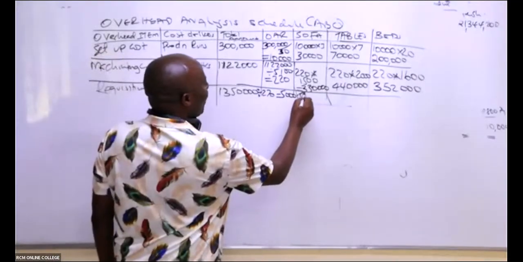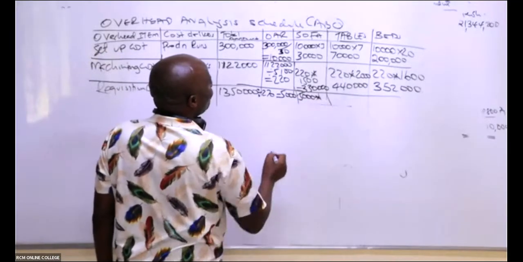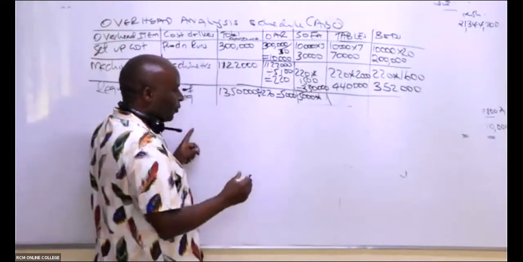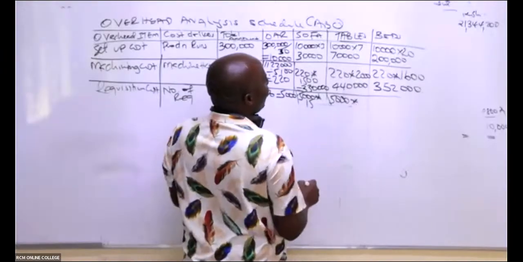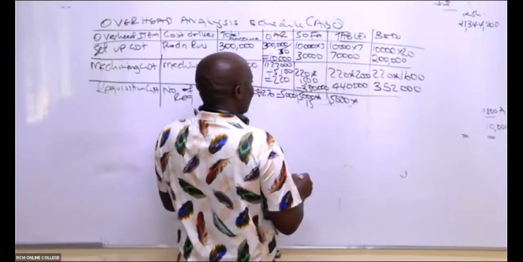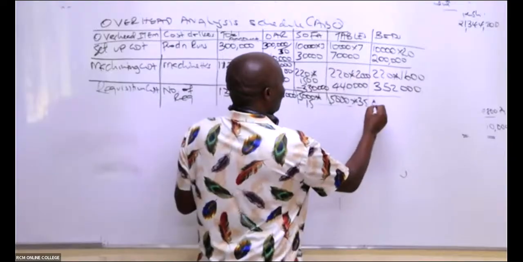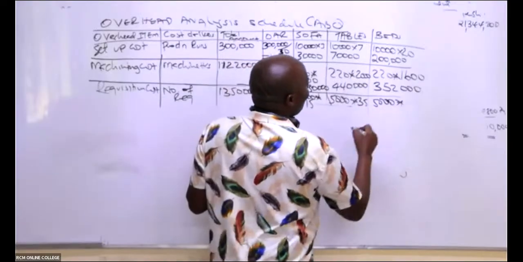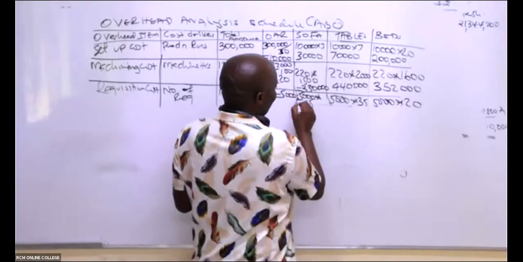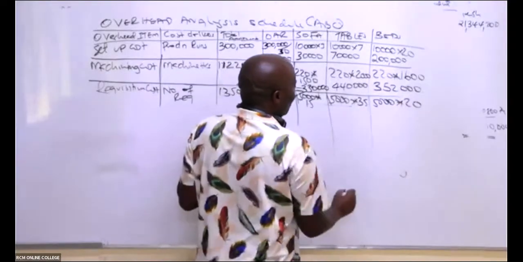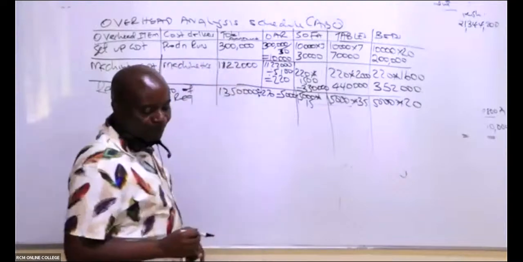This will be 5,000 times how many requisitions for the sofas? 15. This will be 5,000 times how many for tables? 35. This will be 5,000 times how many for beds? 20. Thank you. So please give me these values. Online ninjas, give me these values very fast.